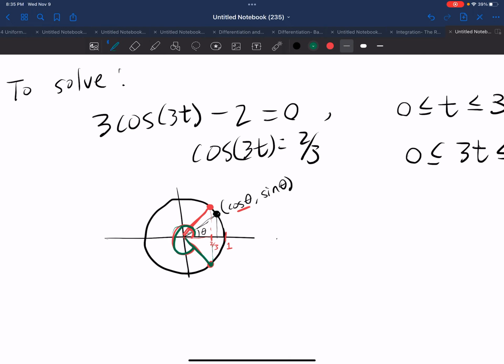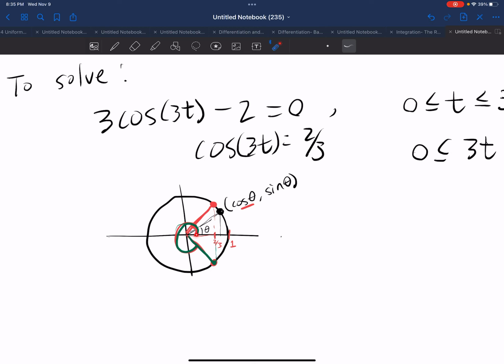Now, I could also keep going around. I've got this one, and then this one down here, but I could go around like that to get back to this one. So I could have my original value plus 2 pi, or my original value plus 4 pi. Whatever this value is, let's call that theta right there alpha.